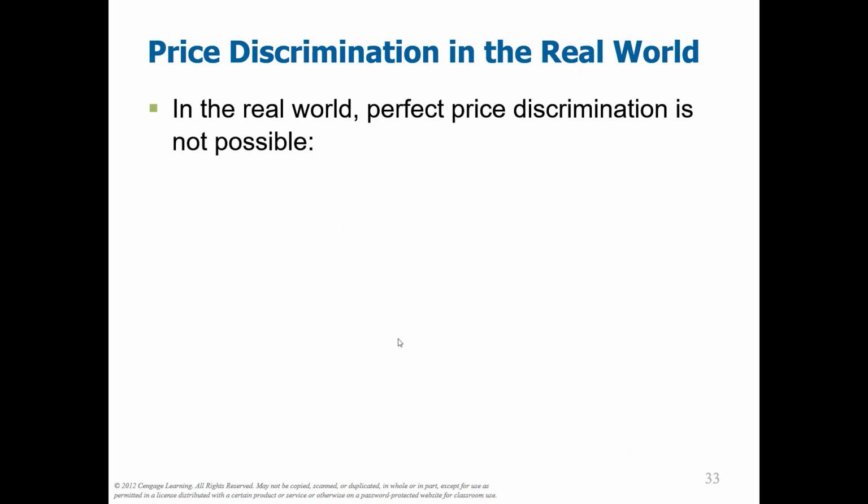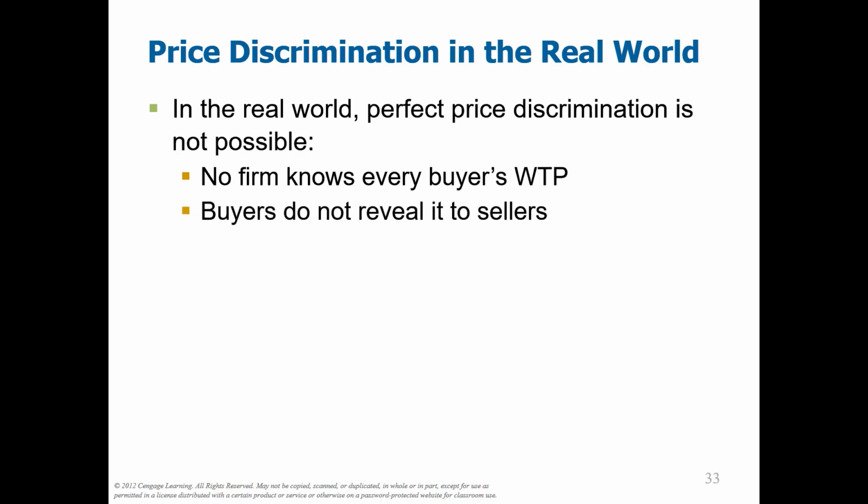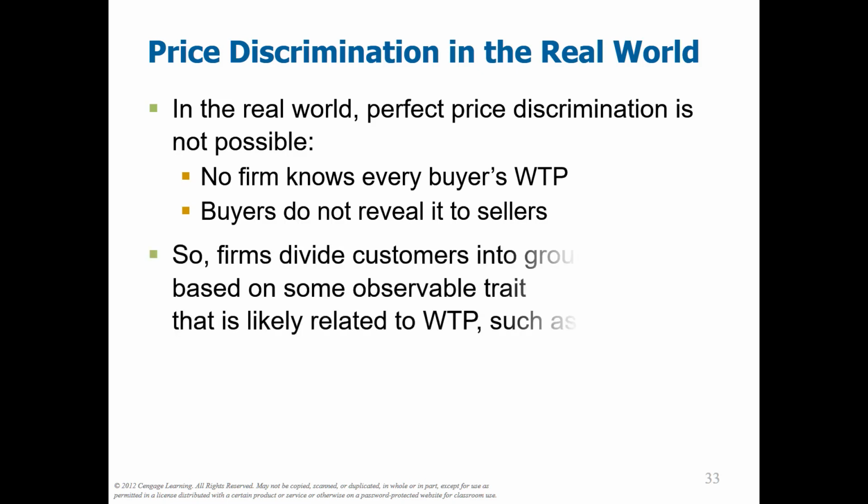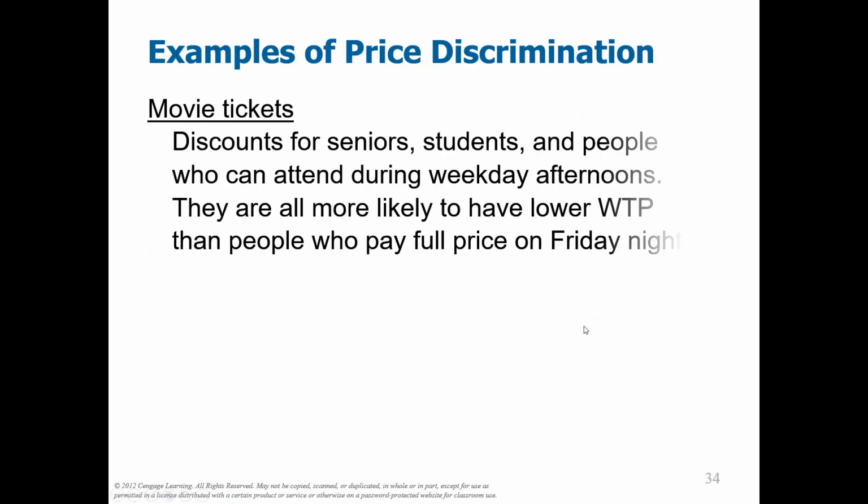Now, in the real world, perfect price discrimination is not possible. No firm knows every buyer's willingness to pay. Buyers do not want to tell sellers; why would they? So, in the real world, firms divide customers into groups based on some observable trait that is likely related to their willingness to pay, for instance, age. Here are some examples.